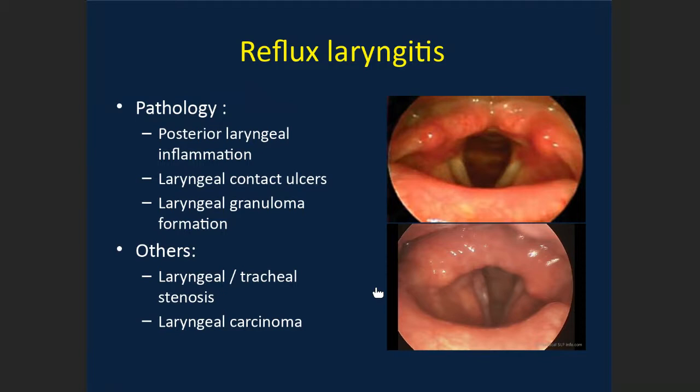So if you have any reflux, it will inflame and cause problems. Others include laryngeal tracheal stenosis or laryngeal carcinoma. It can even lead to laryngeal carcinoma, or be a risk factor for laryngeal carcinoma or stenosis of the larynx. Okay.